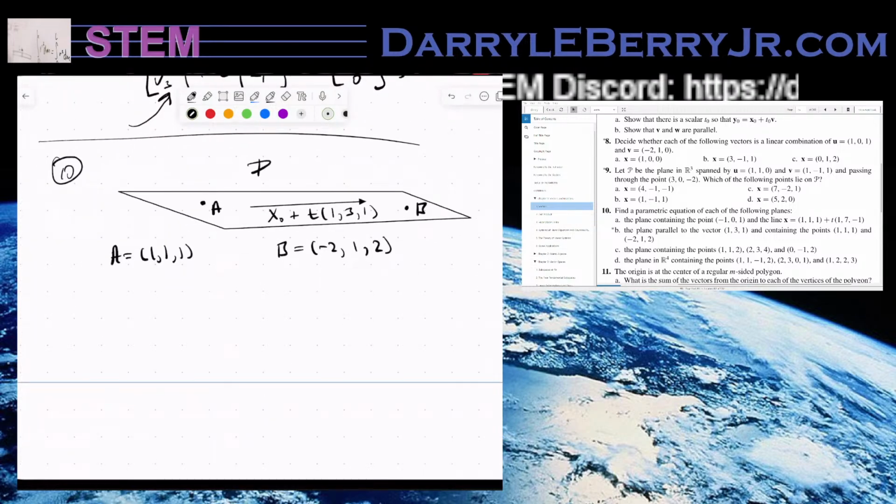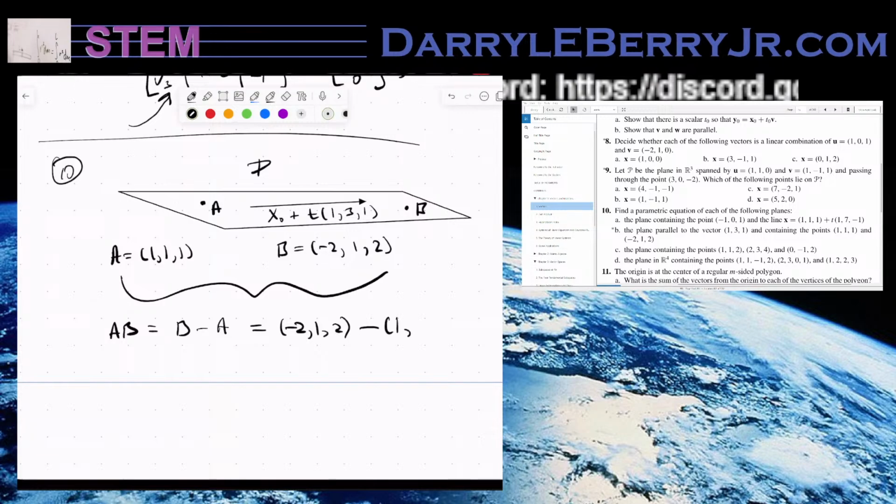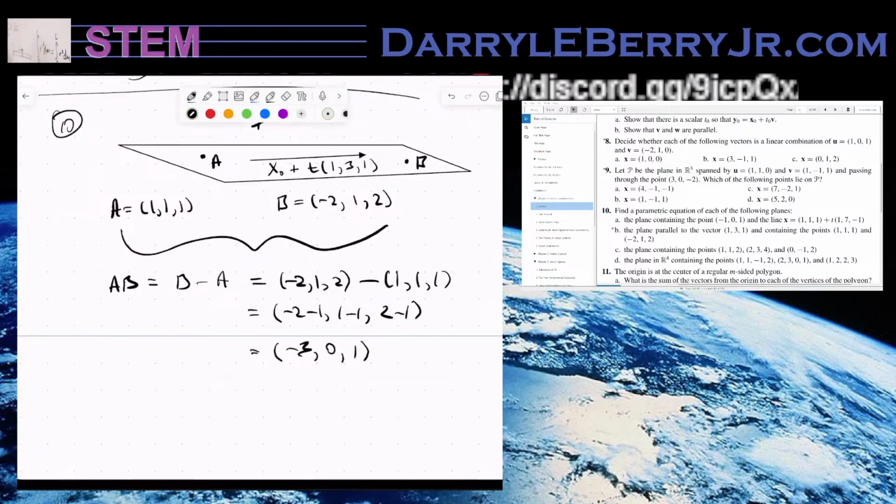So we can get a vector from these 2 points. So I can say AB equals B minus A. That equals negative 2, 1, 2 minus 1, 1, 1. So that equals negative 2 minus 1, 1 minus 1, 2 minus 1. So that equals negative 3, 0, 1.